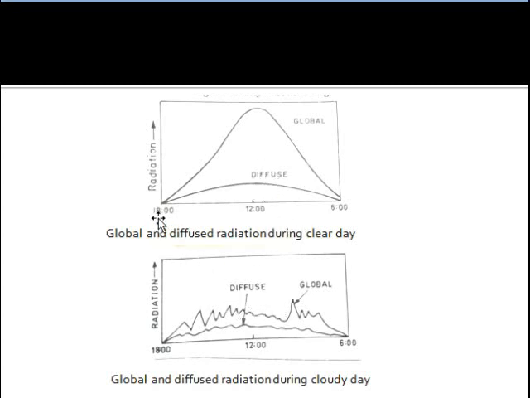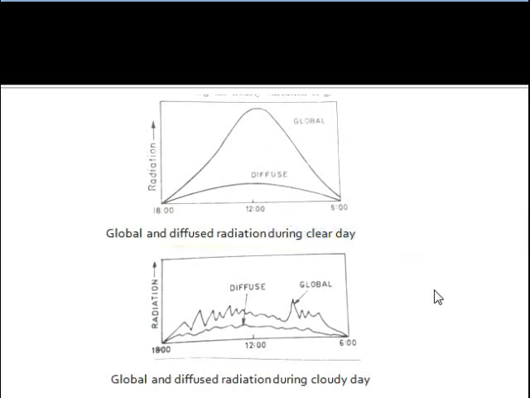During a normal day, the light intensity peaks in the afternoon around 12. This is global radiation, meaning total radiation, the sum of diffuse radiation plus beam radiation. This is for a clear day.